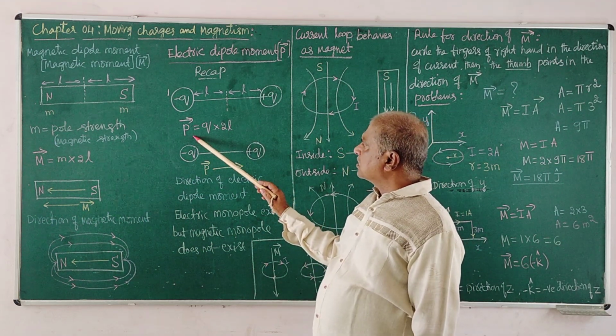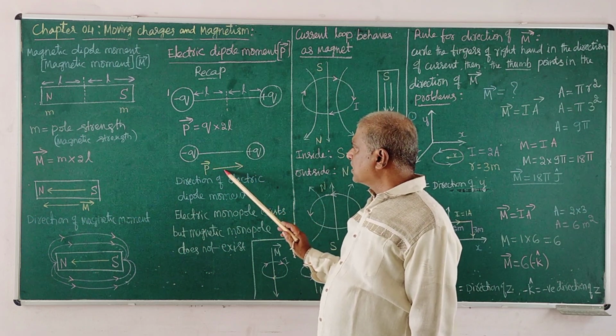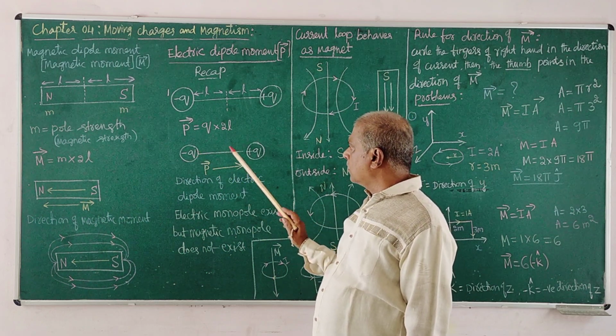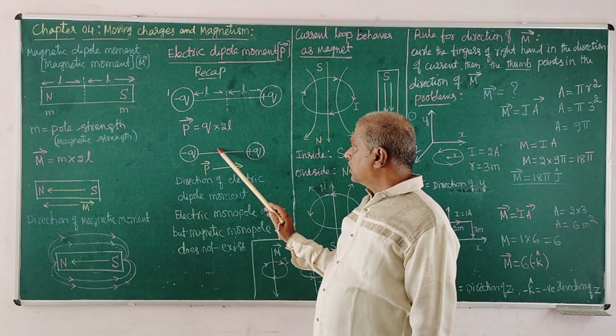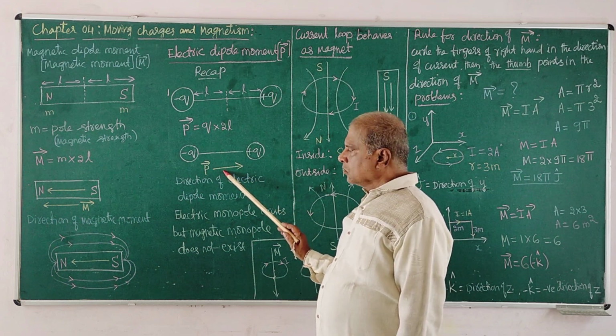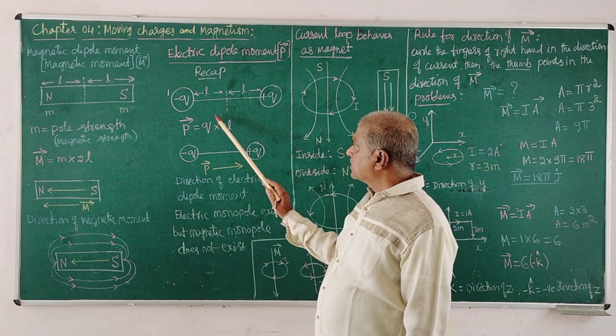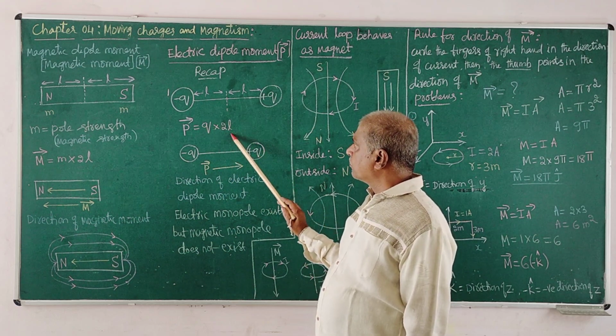And what is the direction of P? The direction of P is the line from minus Q to plus Q. It is along this line or parallel to this line, which indicates the direction of P. This indicates the magnitude of P.